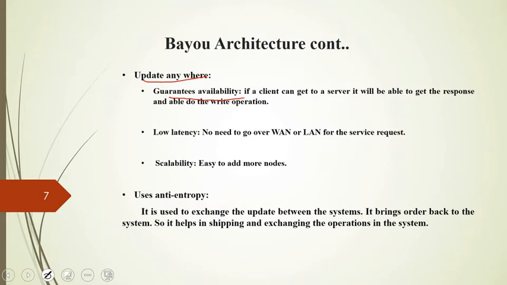It will also guarantee low latency and scalability. So there is no need to go over the wide area network or local area network for the service request. And for scalability, it is very easy to add more nodes, and these nodes don't have to communicate with the other nodes. So thereby we can get good throughput.